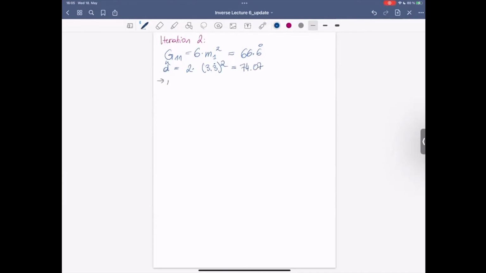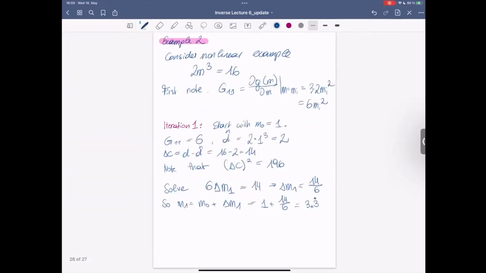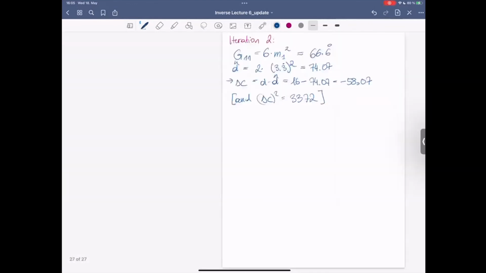This gives us the delta C of observed minus predicted data, equals 16 minus 74.07 equals minus 58.07. And delta C squared becomes 3,372. Actually, we observed that this point gets larger now, right?